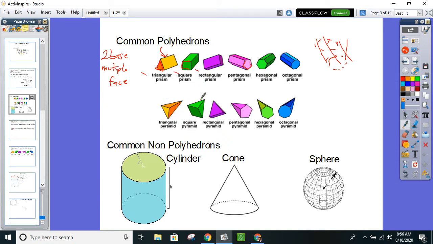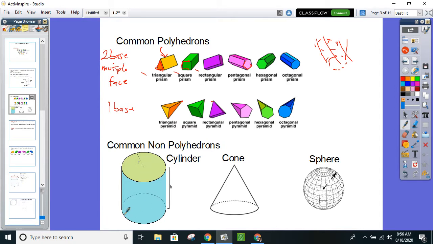What makes a pyramid a little different is that we always have only one base, and the other side will always go to a point. These are called common polyhedrons because they have bases, faces, sides, and vertices.